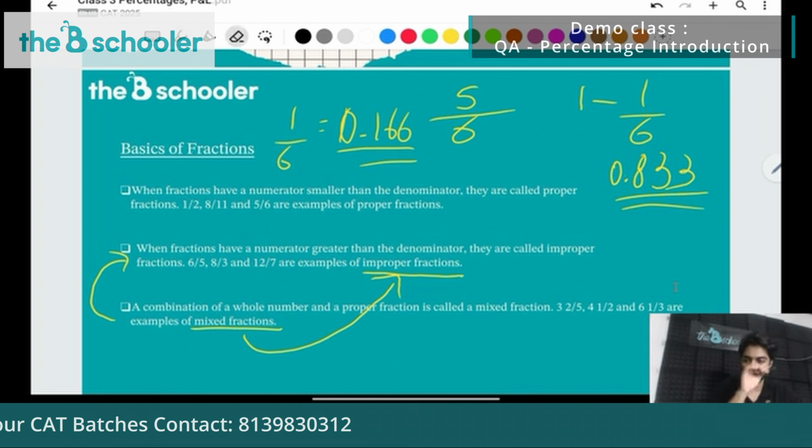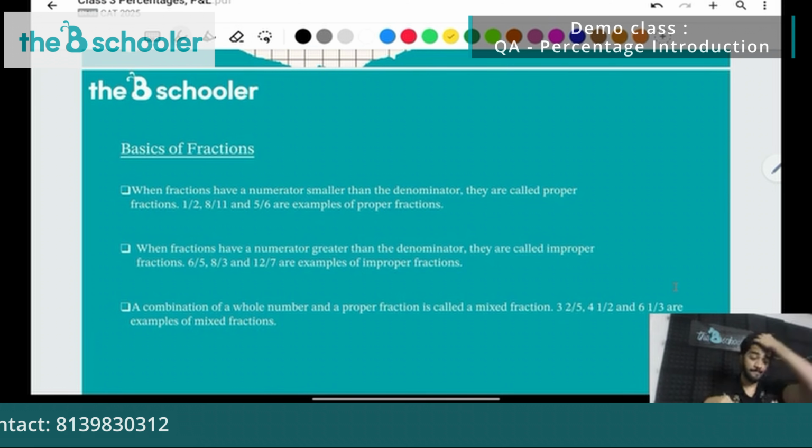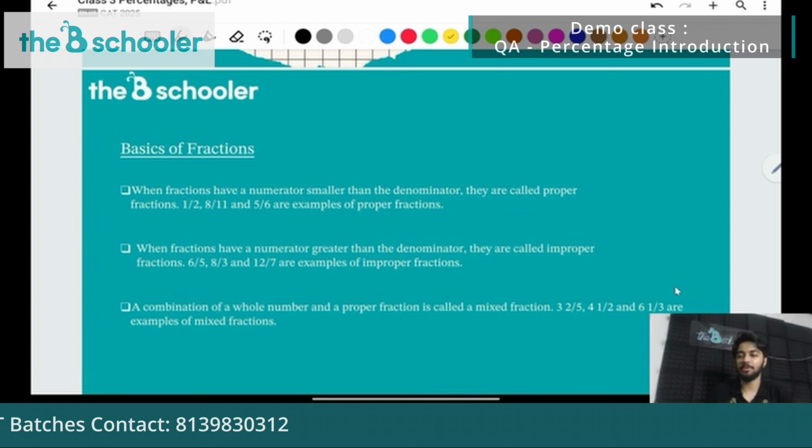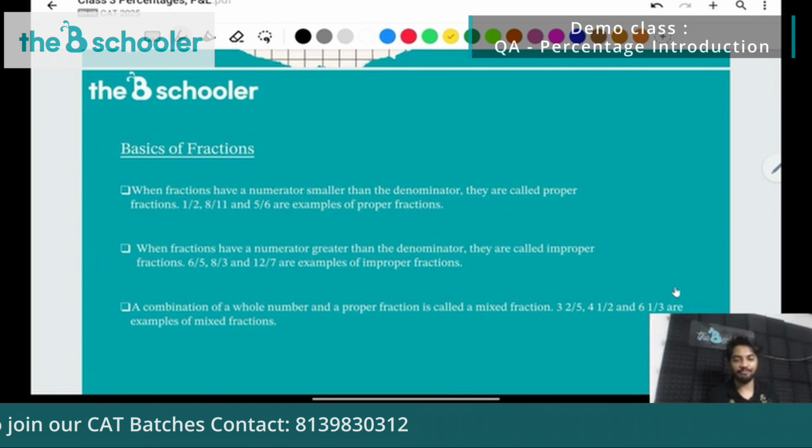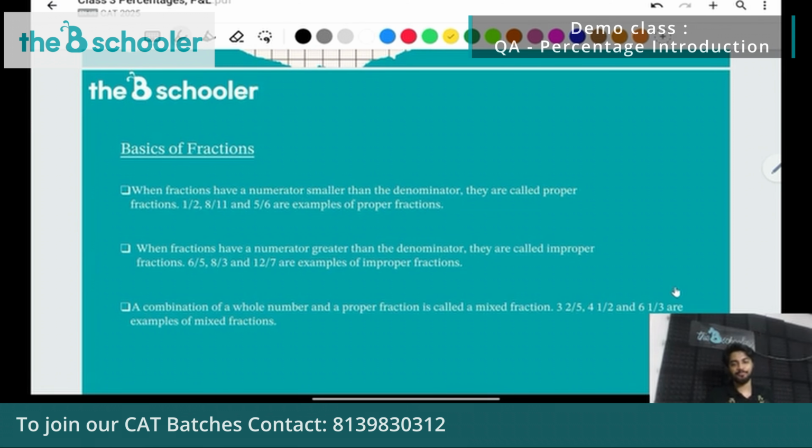Anyone remembers 1 by 8? 1 by 8 was 0.125. Okay, so 7 by 8 is going to be 1 minus 0.125, which is 0.875. Right? 0.875. Why? Simple. If you remove 125 from 1000, you get 875. You can look at it that way.